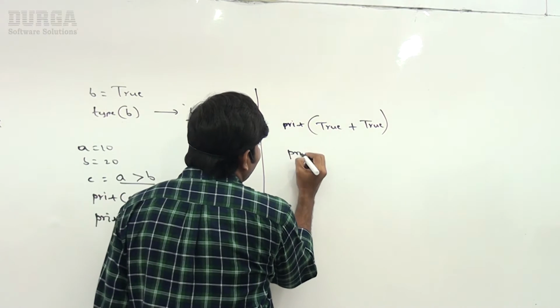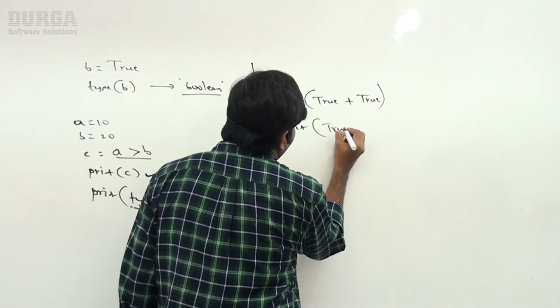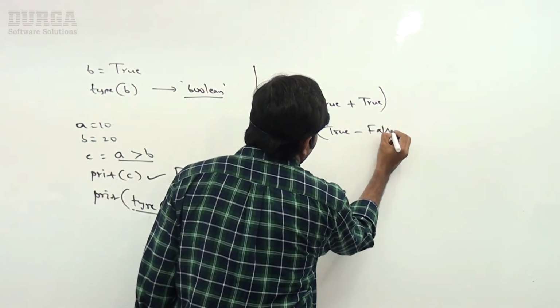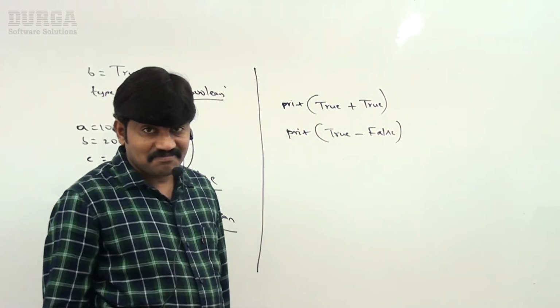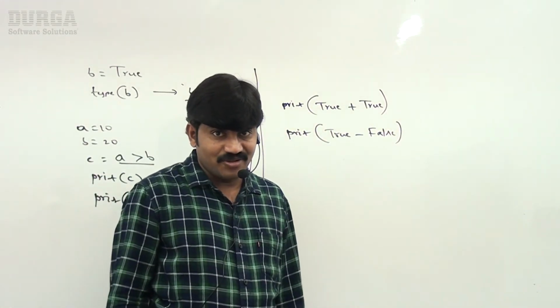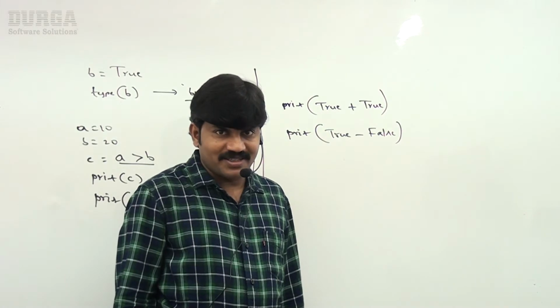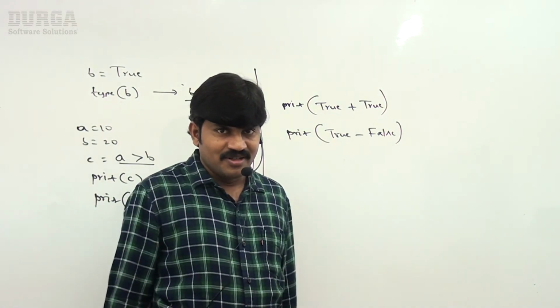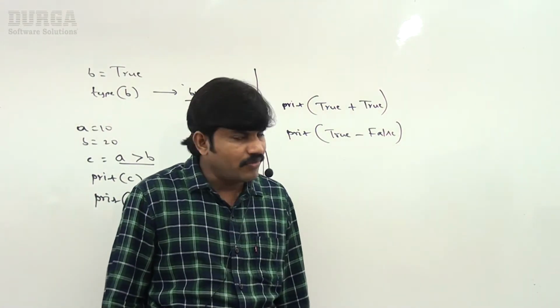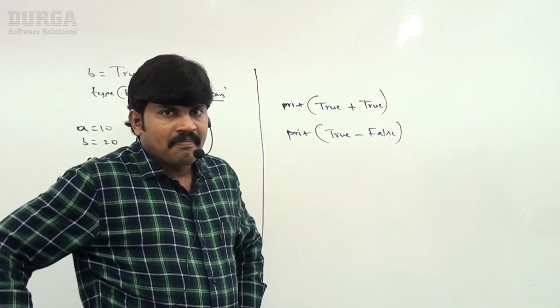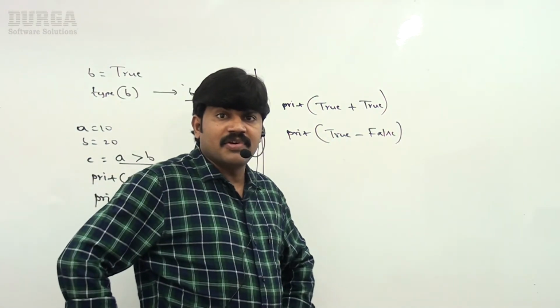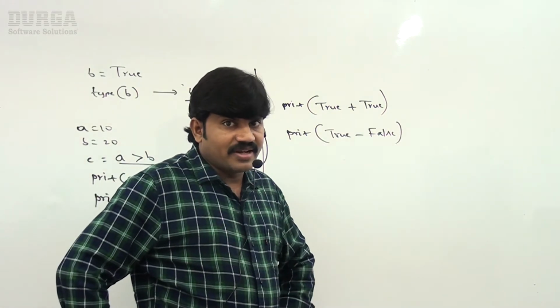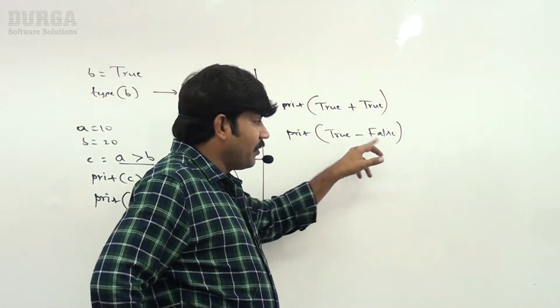Next, print of True minus False, what is the answer? Respond. Arithmetic operations are being performed between two Boolean values: True plus True, True minus False. What answer are you going to get now? Why are you silent?